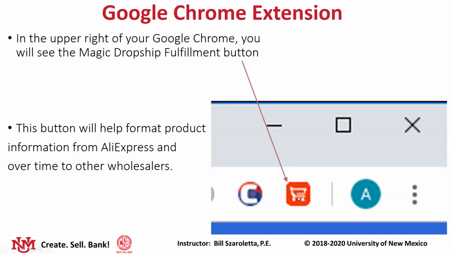And what that's going to help you do right now, it is for AliExpress.com, which you are now experts in, but you can go to AliExpress and you can pull all of the data for a particular product and very easily add it to your particular store. And you don't have to do this one at a time. You can do them in groups so you can keep categories together. I'll explain all that later. But that's why the first step is to make sure that we get the Google Chrome extension for the Magic Dropship Fulfillment entered into Chrome.